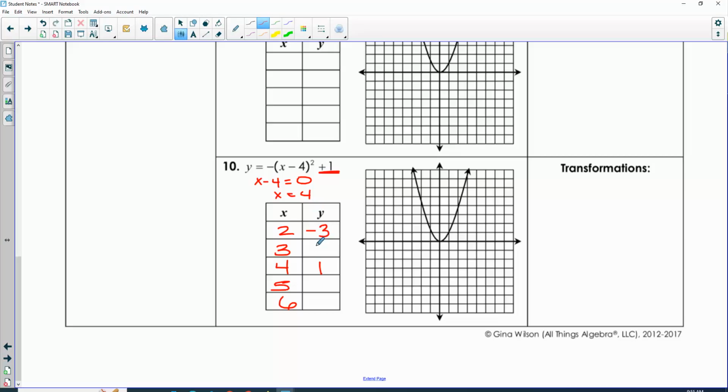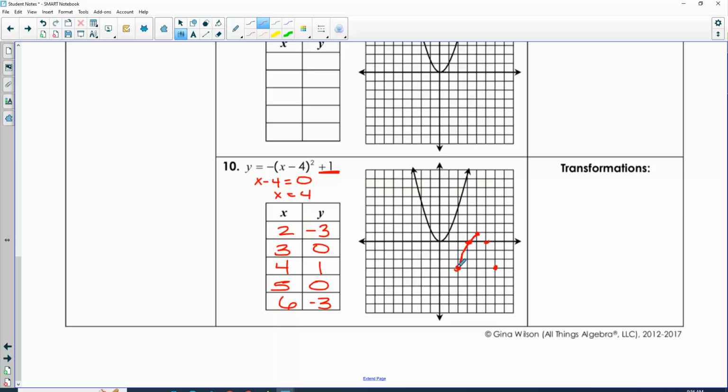What did you get? 5. 6. So (2, -3), (3, 0), (4, 1), (5, 0), and (6, -3).